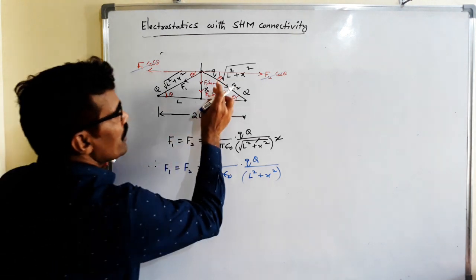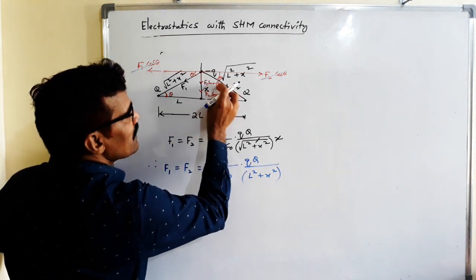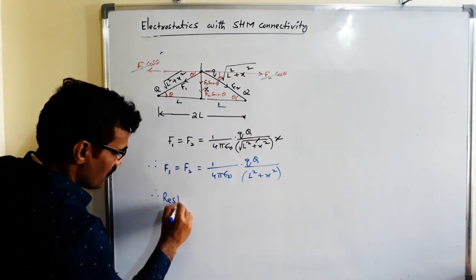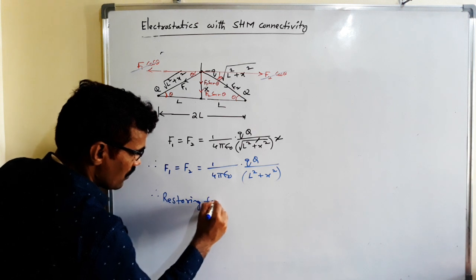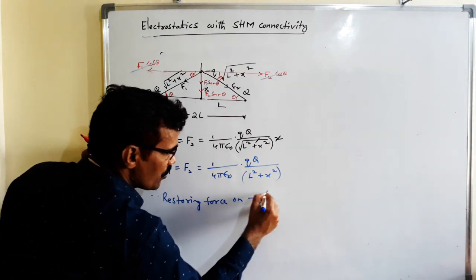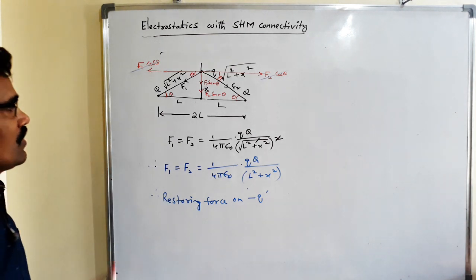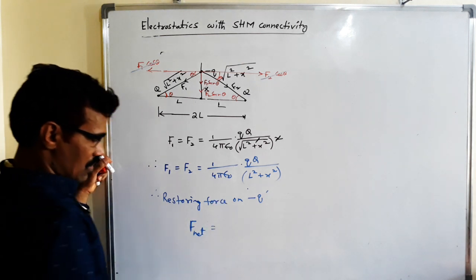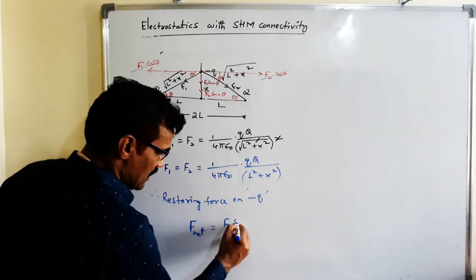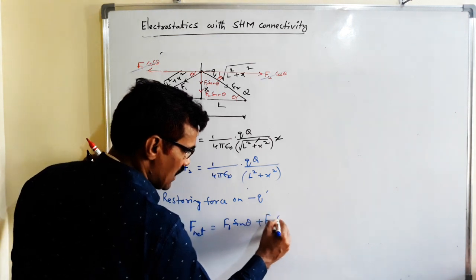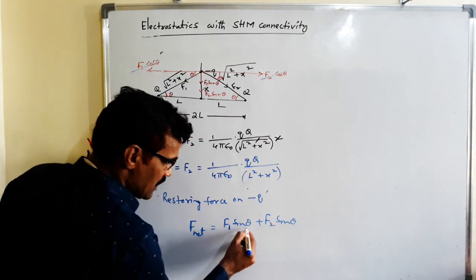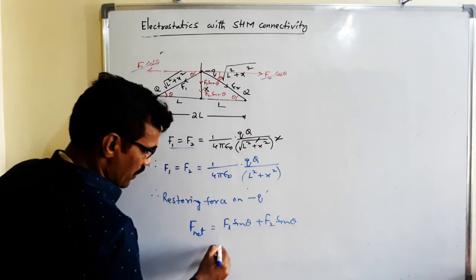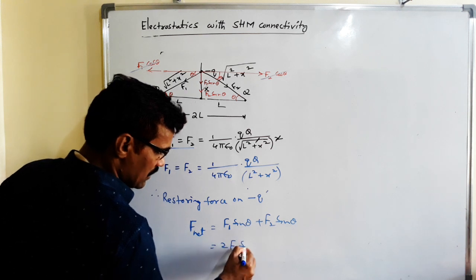What is the restoring force? F1 sin theta plus F2 sin theta. The restoring force on the minus Q charge is F net is equal to F1 sin theta plus F2 sin theta. Since F1 is equal to F2, we can write it as 2F1 sin theta.